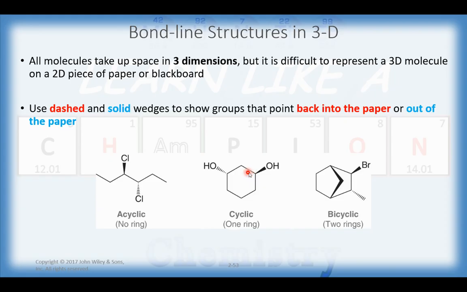But sometimes we can have more complex systems where you have multiple rings or a bicyclic system. So, this is like a top-down view, and you can see this one right here where it's showing two wedges. So there's a carbon right here at the apex of that.